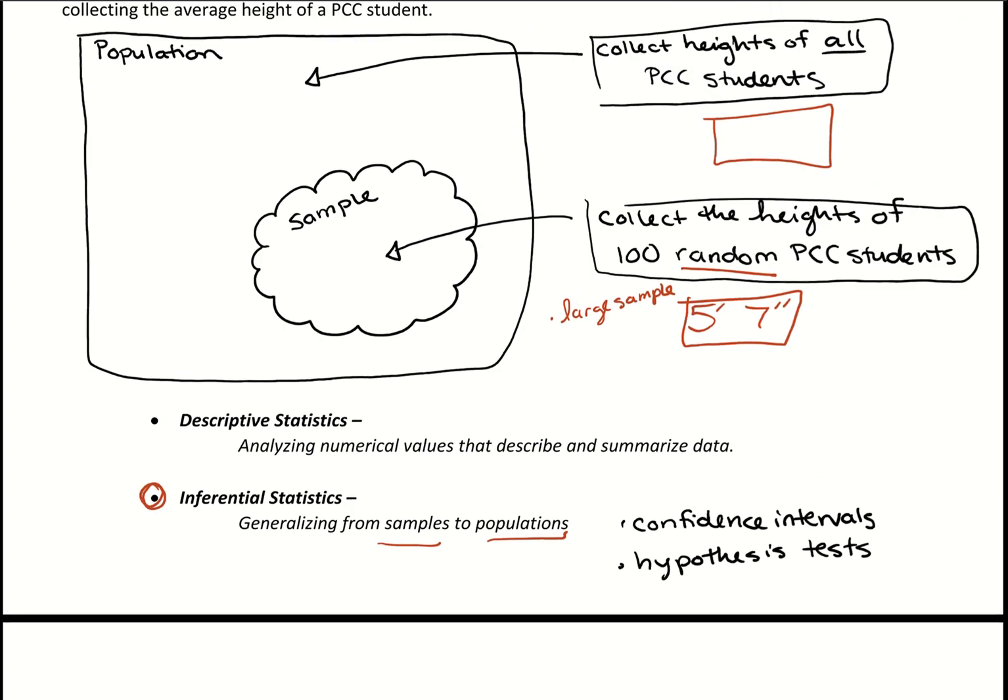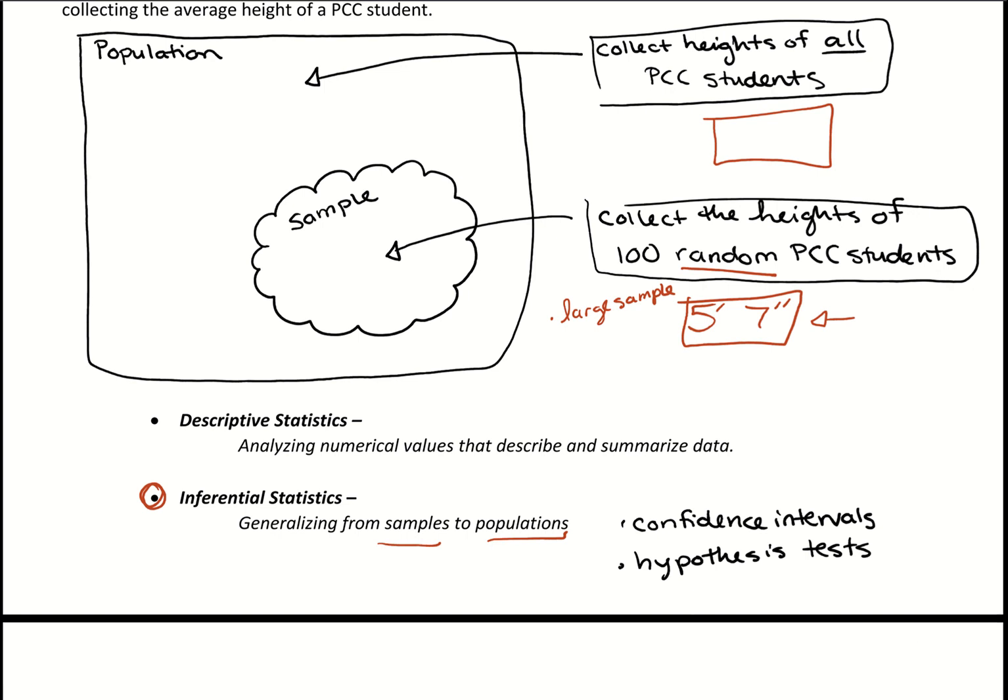So for an instance of a confidence interval, we'd say, we found this 5'7" from this group. What would be an estimate for what's happening in the population? And we'd actually get a lower bound and upper bound for this number. And then hypothesis tests are a little different. We'll talk about that later on. But we can use that with just sample data.